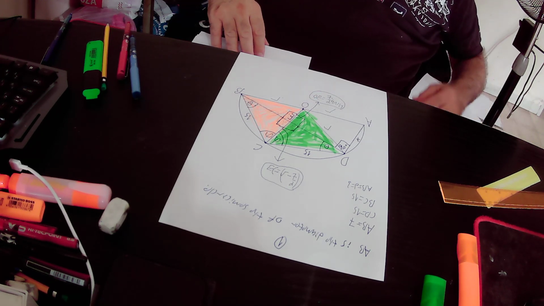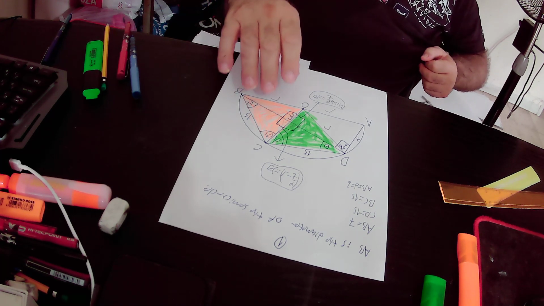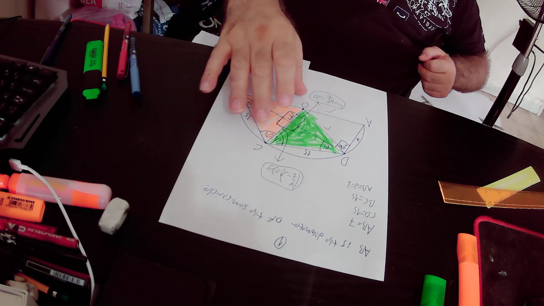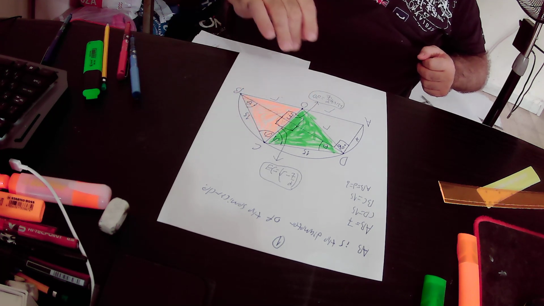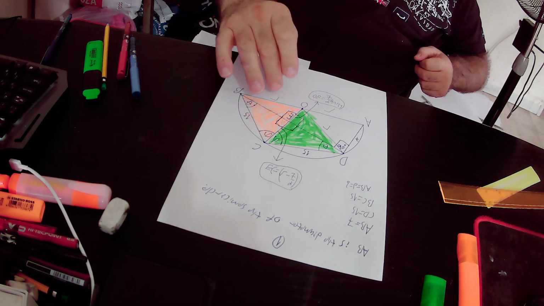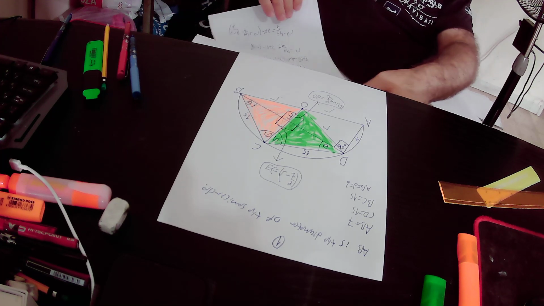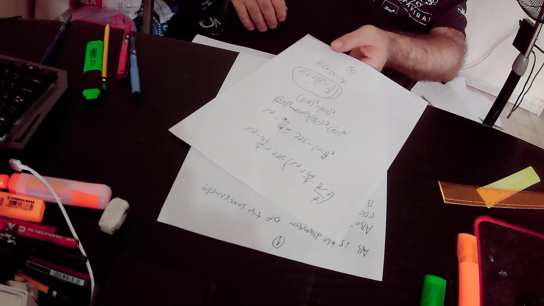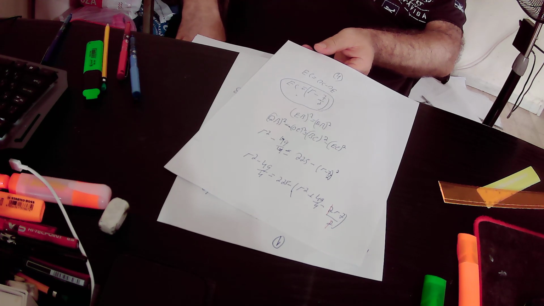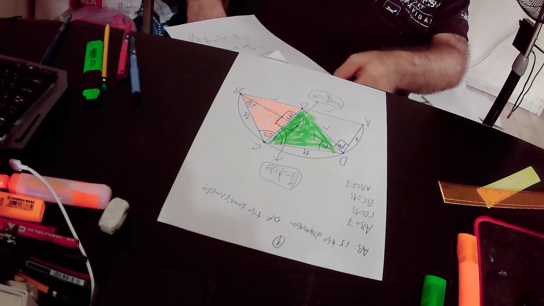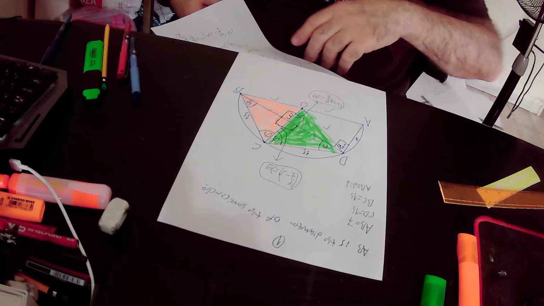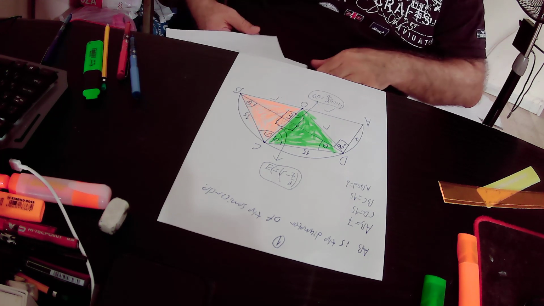And then the size of EC is OC minus OE. OC is the radius, OE is 7 over 2, so in total EC equals R minus 7 over 2. Then we relate those two right triangles.